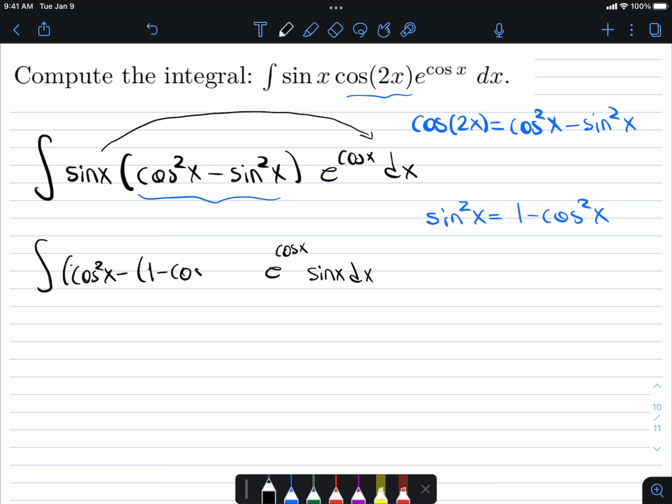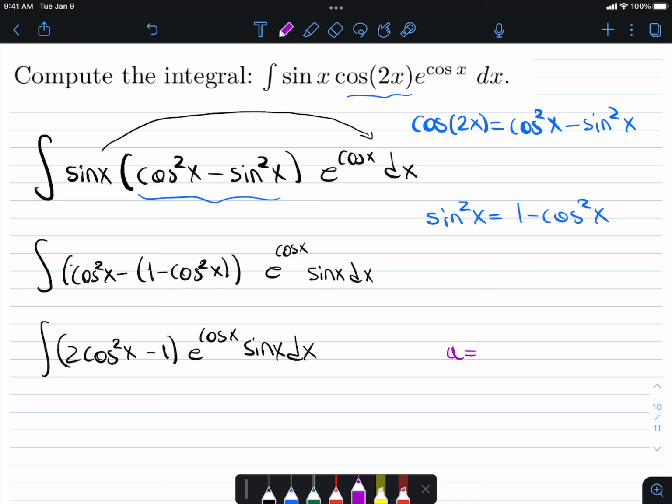And then I can write this as 2 cosine squared x minus 1, e to the cosine x, sine x dx. To somebody inexperienced with calculus, it may look like I've done nothing, that things are just as bad or even worse than when we started, but in fact, this is so much better because of the strategy we just talked about.